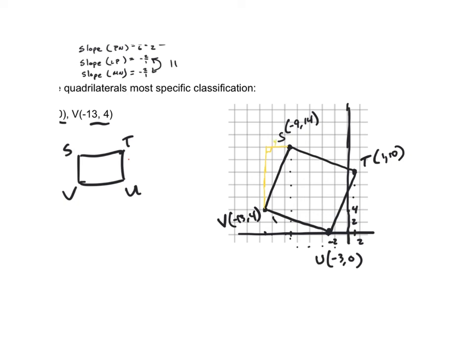This length is going to be 2, 4, 6, 8, 10. This side would be 10, which means that the hypotenuse is going to be the square root of 10 squared plus 4 squared, or the square root of 116.